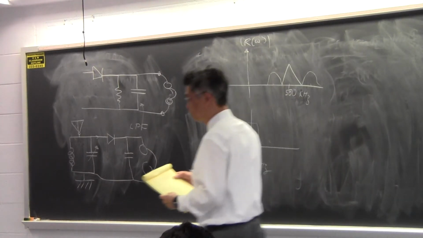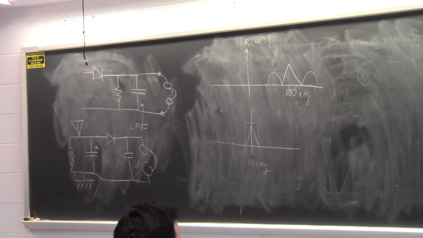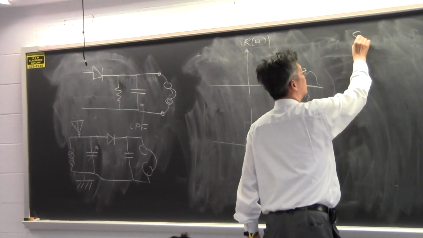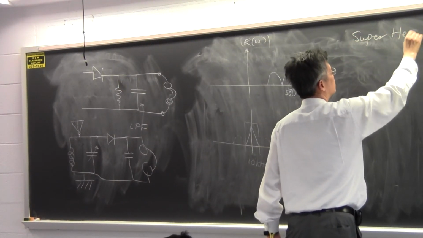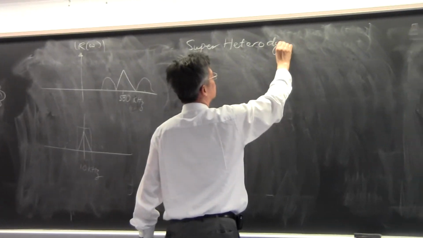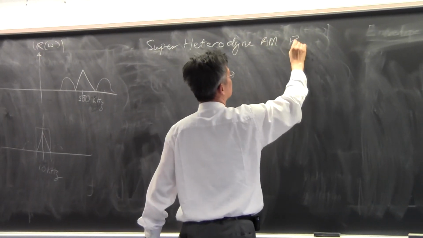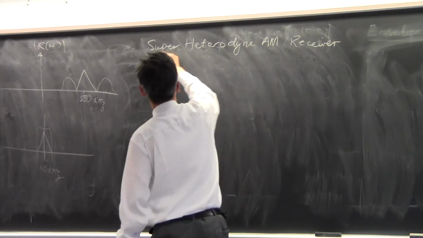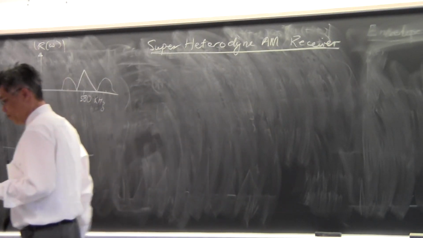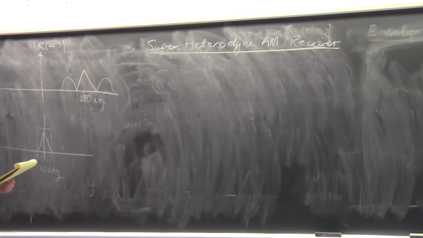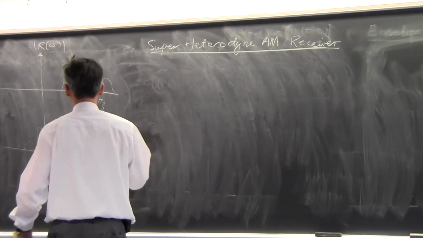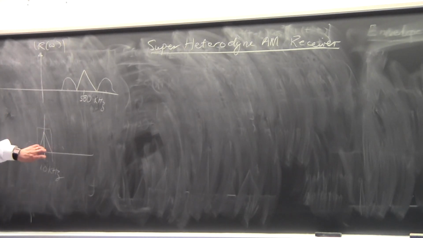This is section 8.4 of the textbook, which is super heterodyne AM receiver. It's super heterodyne. So how does this work? Well, you do not demodulate it down to the low frequency.